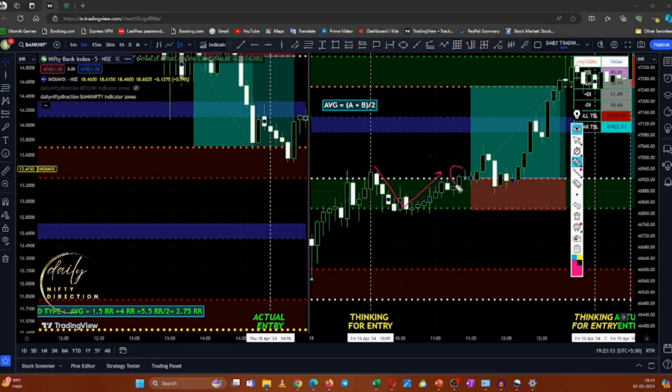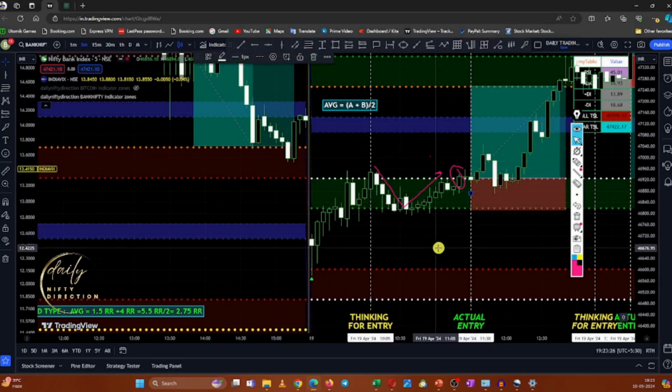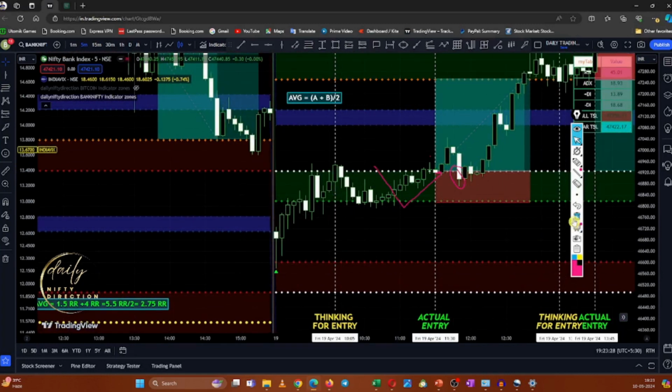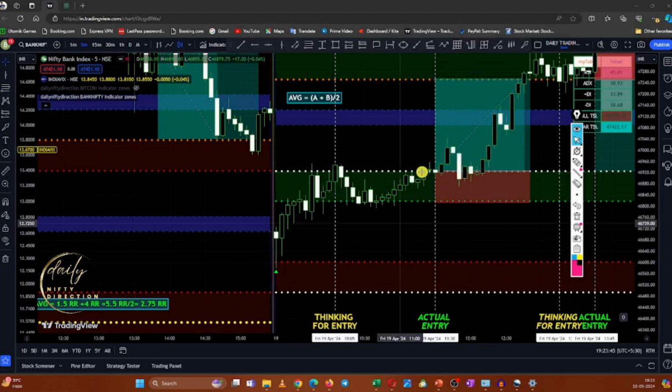So at this candle it got confirmed that it will go up, so now you took your entry. You understand the psychology here, that since it has broken out, you are only thinking for entry right now. But you took your actual entry here after it got confirmed by this particular candle.